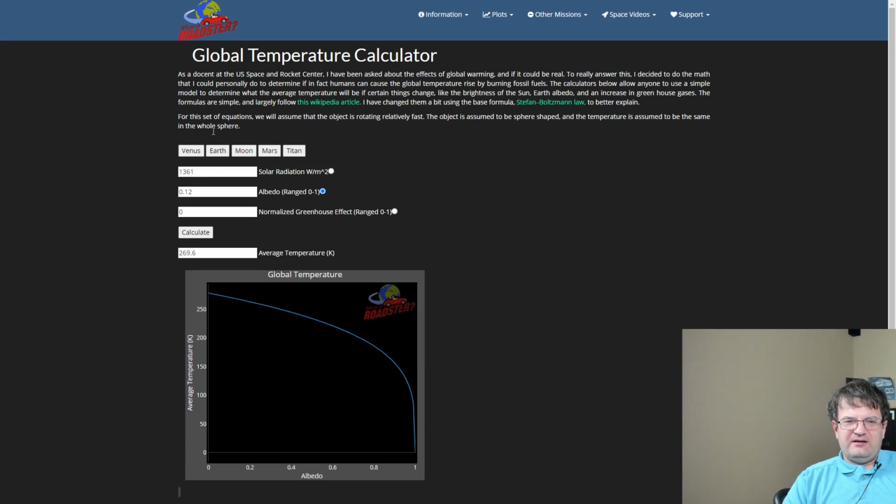And if we click here, Earth, you can see that the average temperature is 285, which is about 30 degrees warmer. So we're about 30 degrees warmer than we would be because we have some kind of greenhouse effect. So let's say that the greenhouse gases were varying.